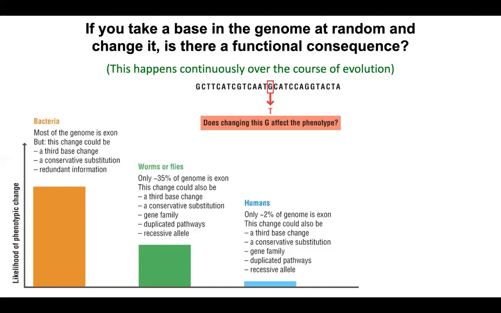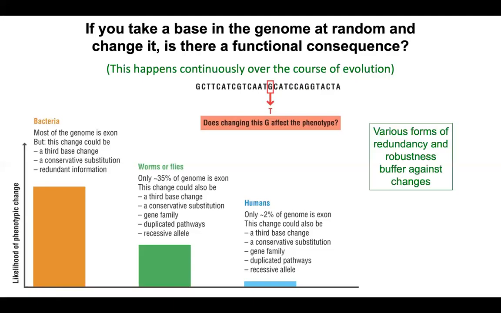And now that we're dealing with diploid genomes, with pairs of homologous chromosomes, the mutation could be a recessive allele, meaning that on the other chromosome, there's still a functioning allele that can jump in and take over the function of the allele that suffered the mutation. And so we refer to these things as various forms of redundancy and robustness.